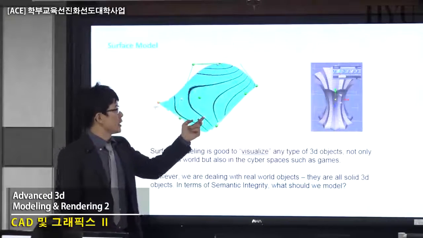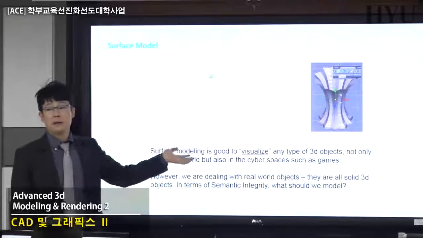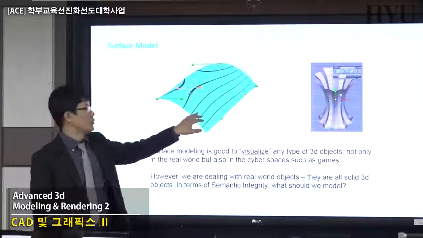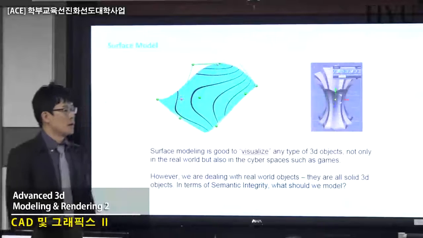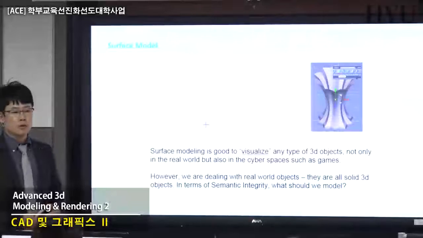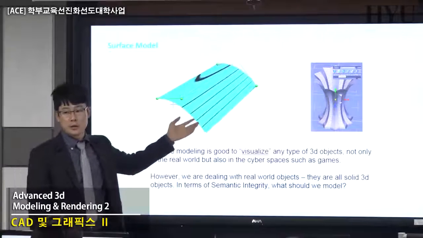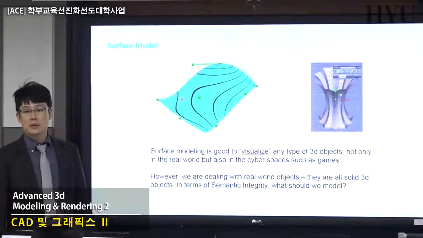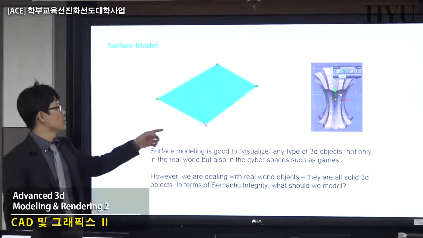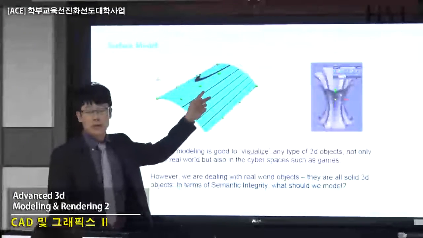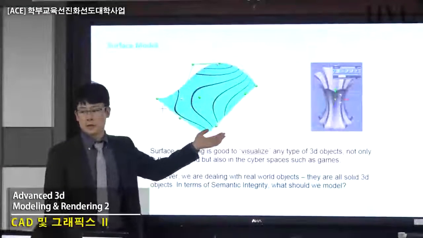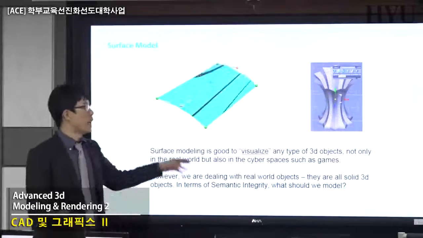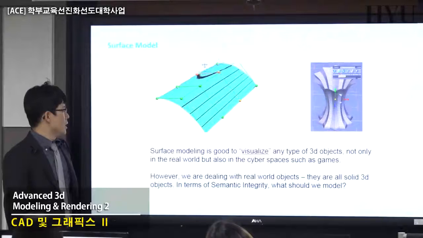By using 3D Max, there is an FFD edit to modify your simple surface plane like this one, okay? Or some knots-based curve generation. We can control additional control vertices, okay?